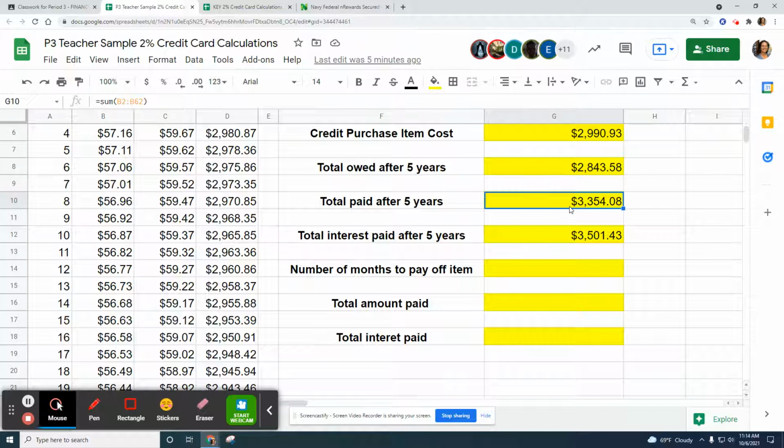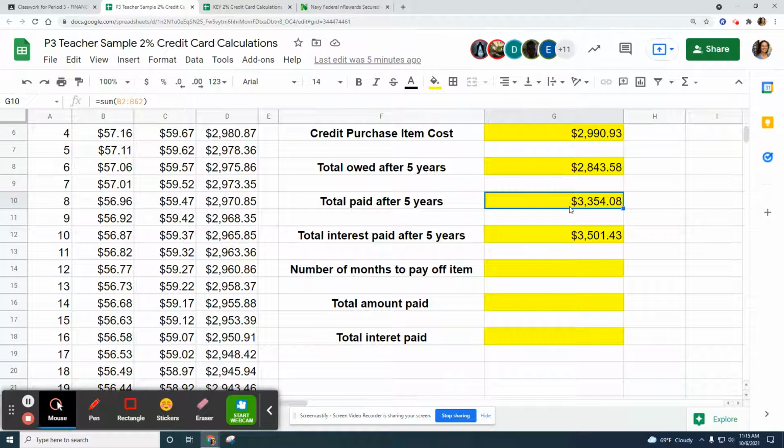Total after 5 years equals sum, parentheses, B2, colon, B62. So you're going like this, B2 to B62. And so that's the sum of the B column.